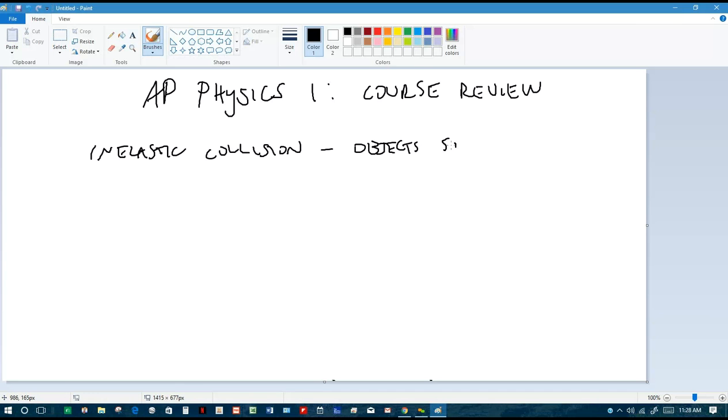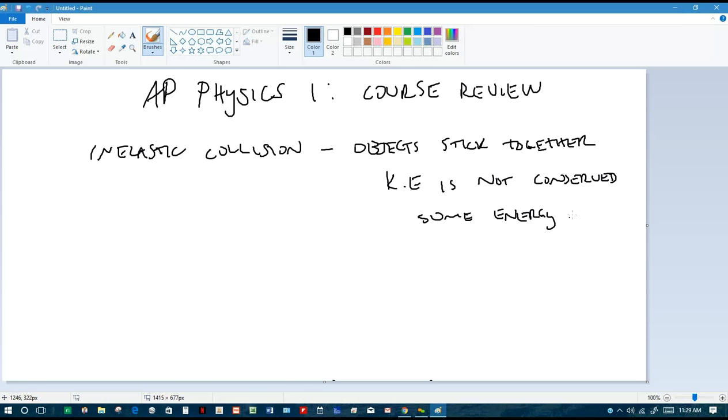Kinetic energy is not conserved, and this does happen in our real world. Some energy is lost as heat in the collision.